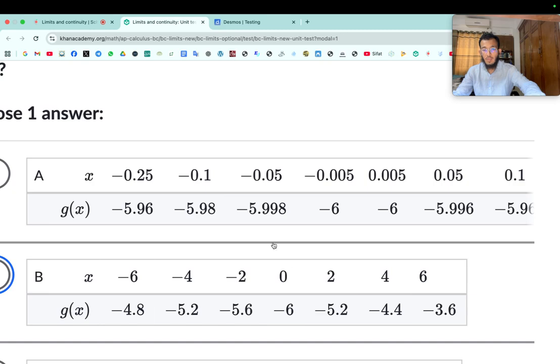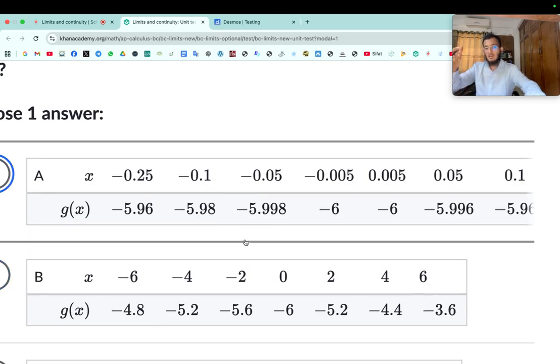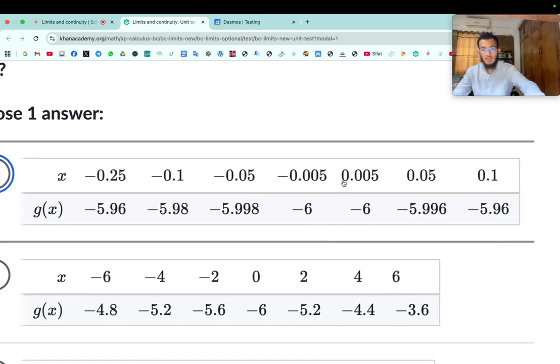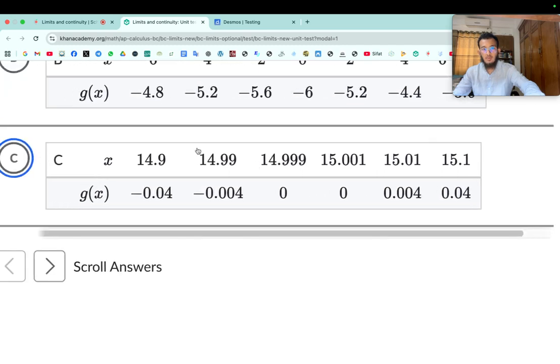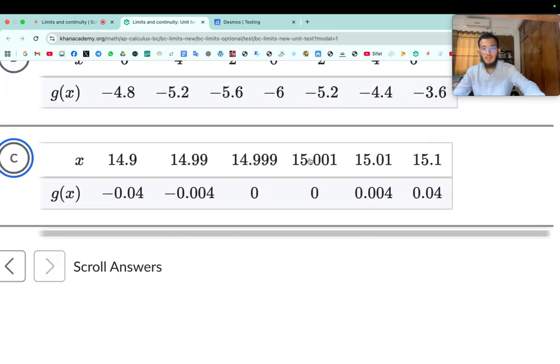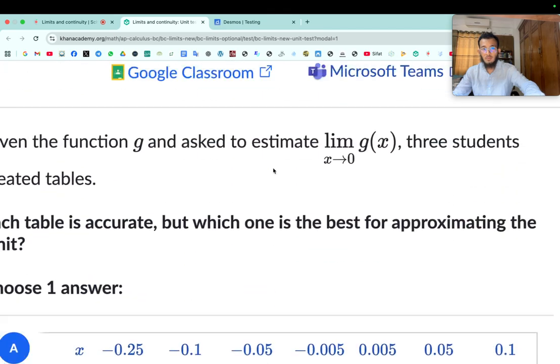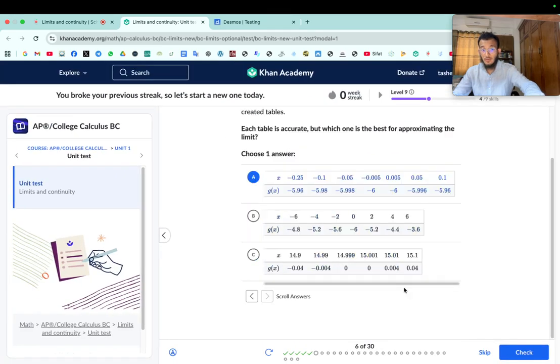We want it to be decreasing, approaching the value 0, which is done here. As for this one, we don't have the x value 0. It is approaching x equals 15, but we want the limit as x equals 0. So that's why A is our answer.